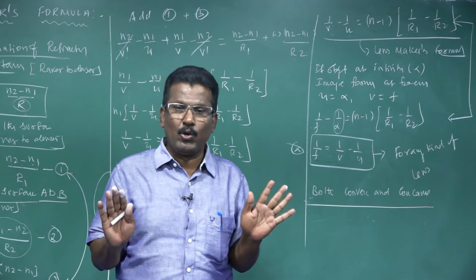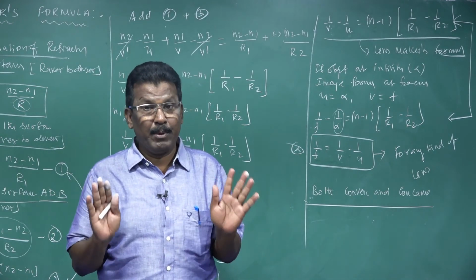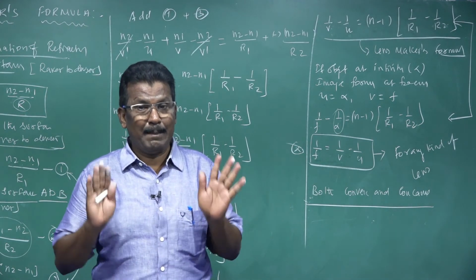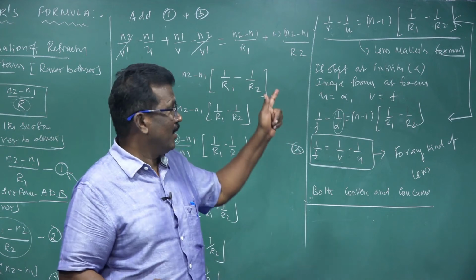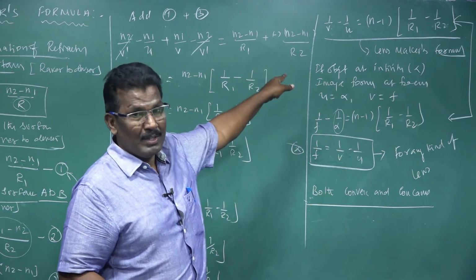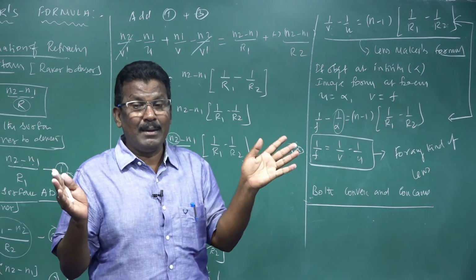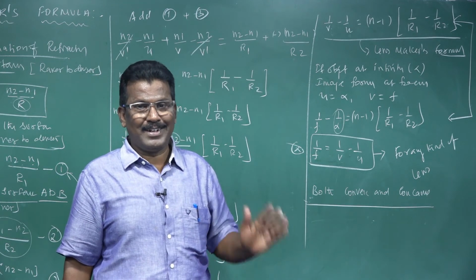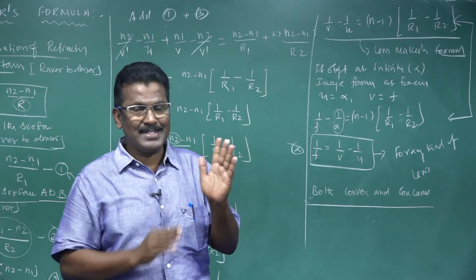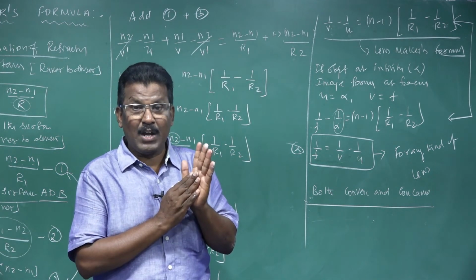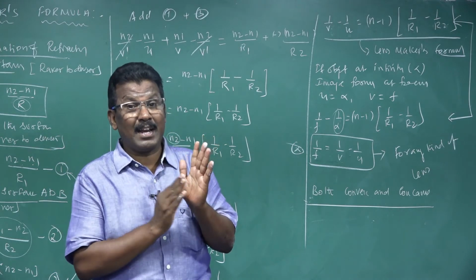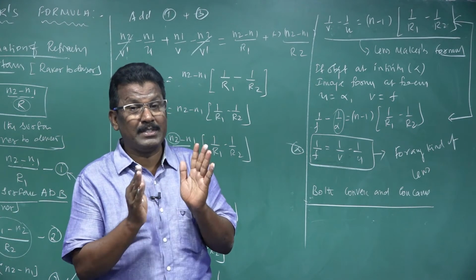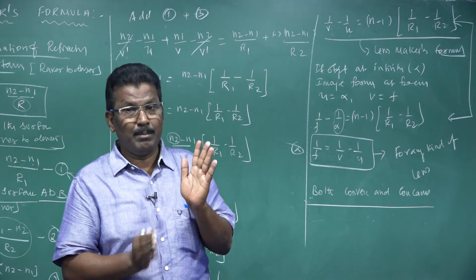Before manufacturing, a maker should consider the formula. If he doesn't know the formula, he will make a fault. For the desired focal length, the radius of curvature may change, and the focal length may change from person to person.